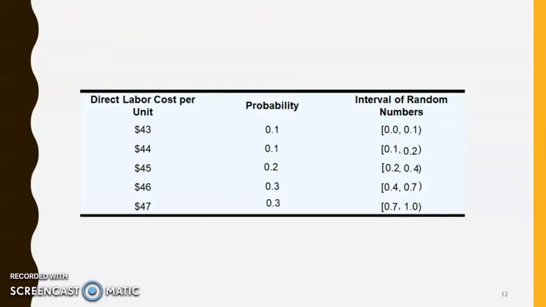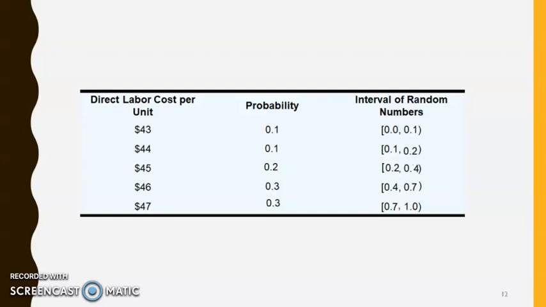According to the things that we discussed, we start from the smallest value, that is 43, and 0 is the start of the ranges, because the function generates a random number between 0 and 1. Since the probability is 0.1, we have the range of 0 to 0.1.